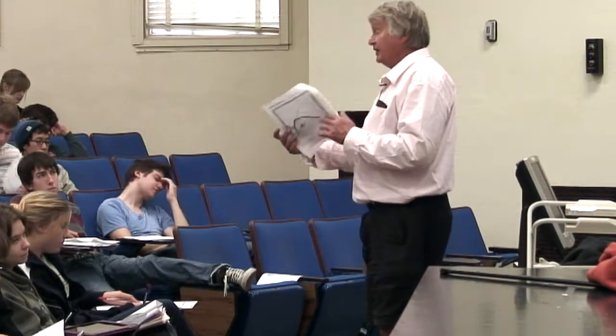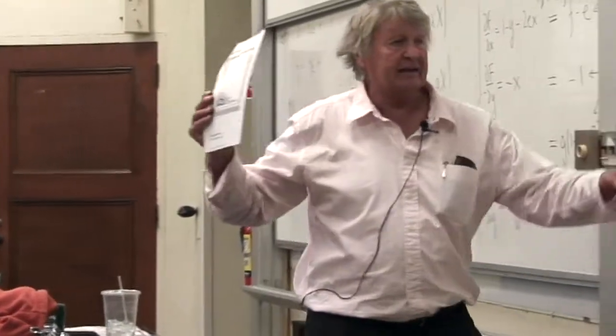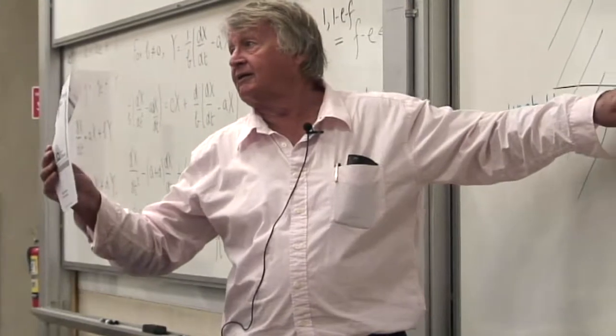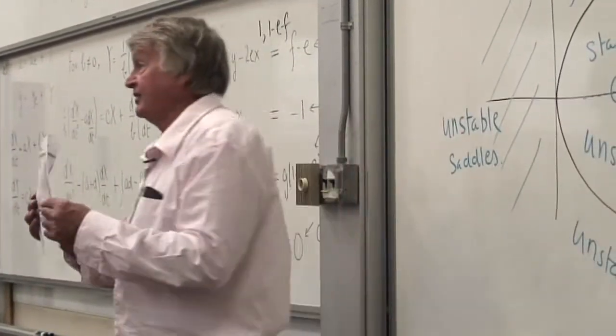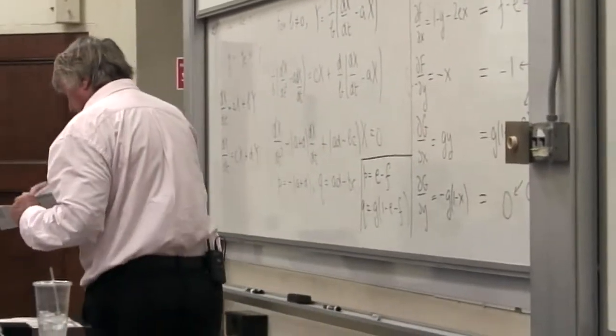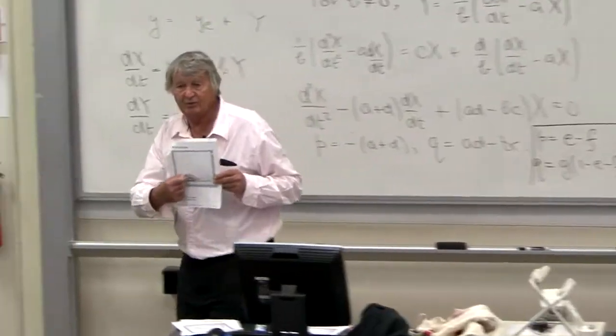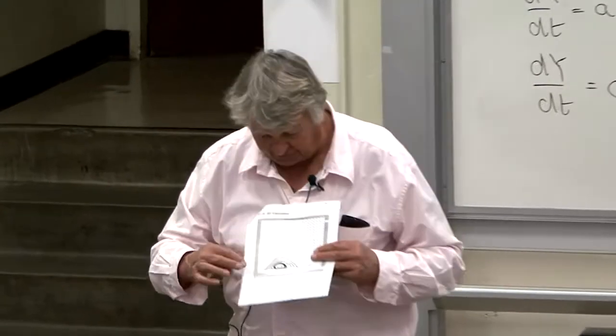And now on this picture, I took E equal F. Now at E equals F, what happens? What's P when E equals F? And Q is still positive, so you're on a center. Now look, you have these periodic orbits in the neighborhood of this. And actually you have limit cycles.